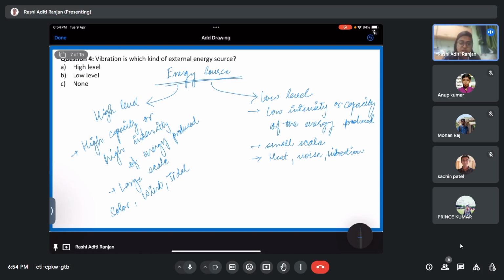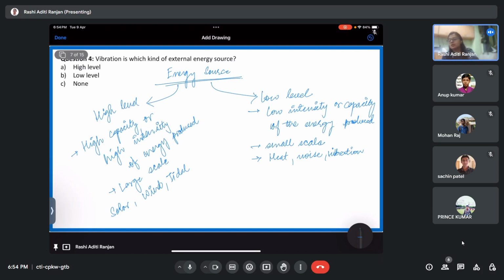Cars produce noise, and various construction sites produce noise. So what is noise? Noise is essentially the vibration of the air around us, isn't it? So maybe the vibration of that air, we can convert into a usable form of energy.